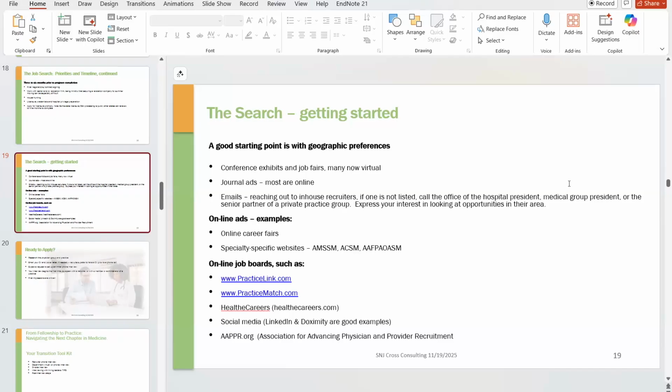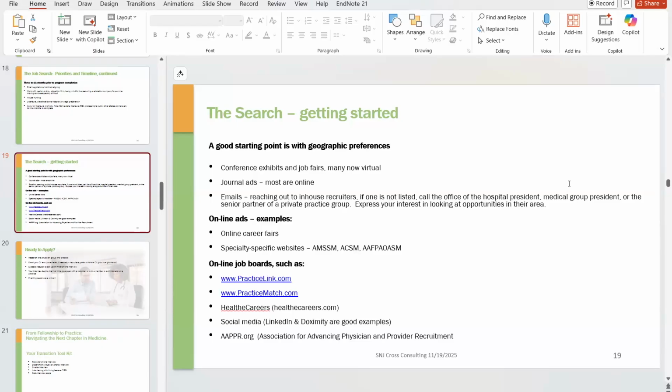Practice Match is another good site. They work in conjunction with MedTies. So they might have your information whether you wanted to opt in or not. That's the only downside of Practice Match, but it's still a great place for you to look for an opportunity. And a lot of career fairs are starting to be available virtually. So you might say, I want to go get a job in Colorado.